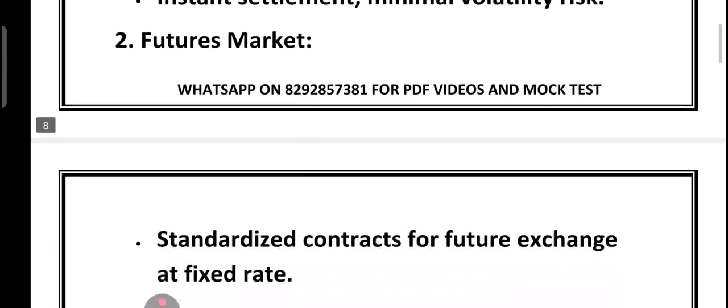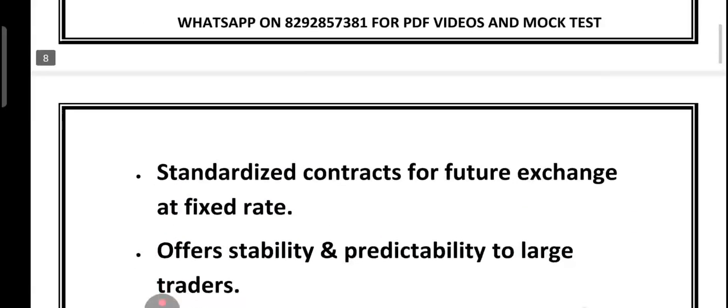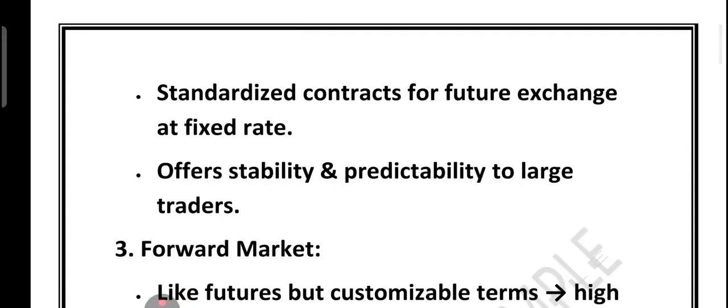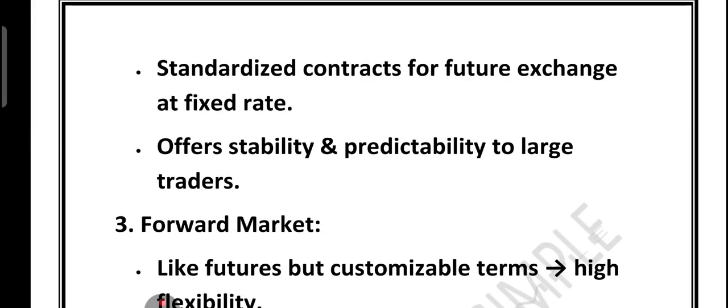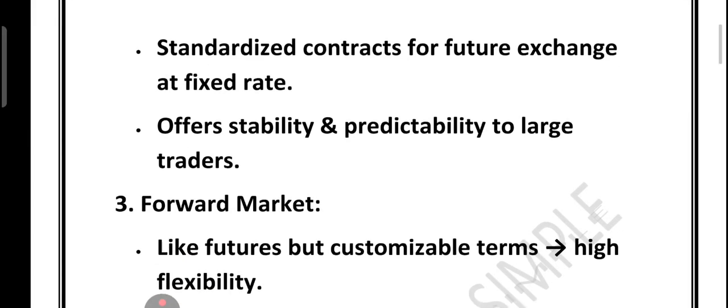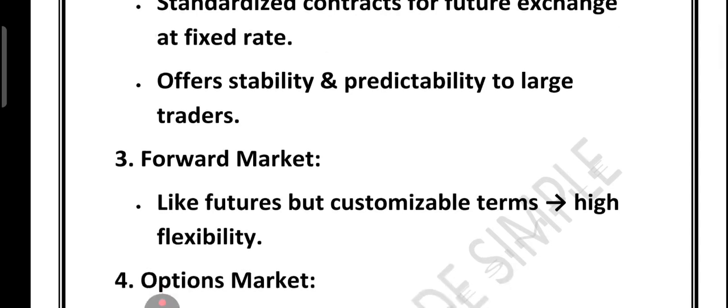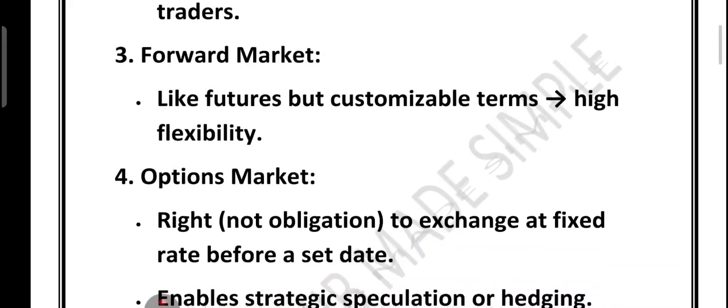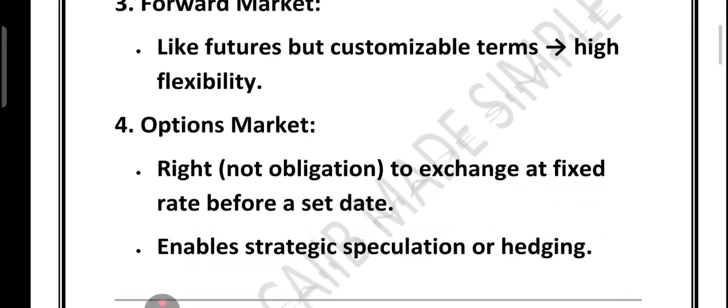The second kind of market we have is the futures market. Whenever I say futures market, it is a standardized contract for future exchange at a fixed rate. It offers stability and predictability to large traders. The third kind is the forward market. It is just like a future, but with customizable terms and higher flexibility.